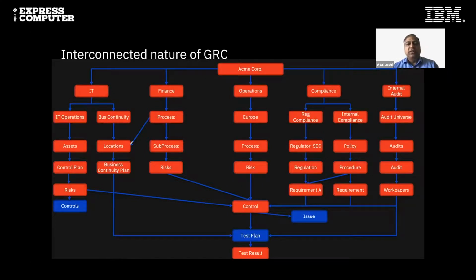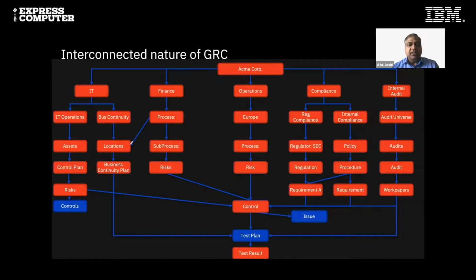So this is actually a complete view of how an incident at one place can impact across the organization, right? So this just gives you a flavor of what happens when you have a disconnected GRC approach.